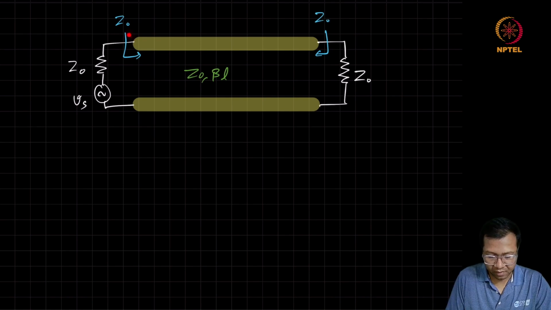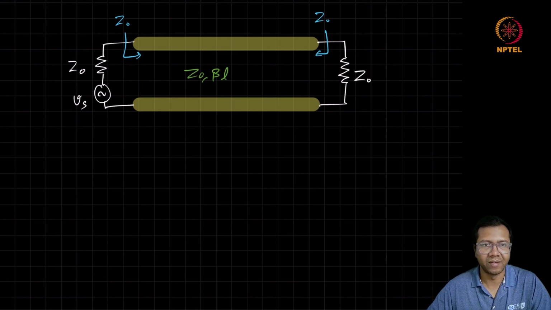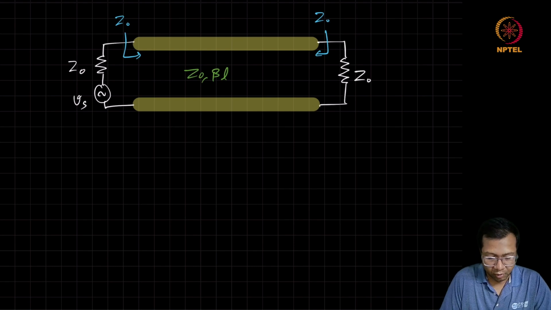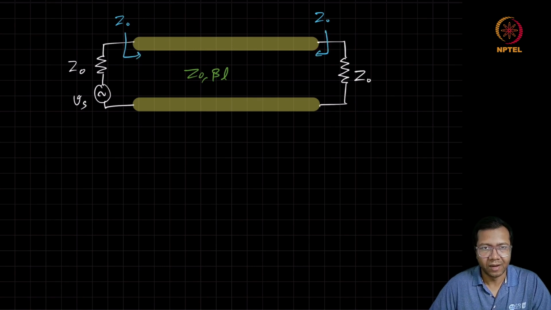And this is a very important property because it allows us to design systems with a known looking in impedance without worrying about the length of the line.